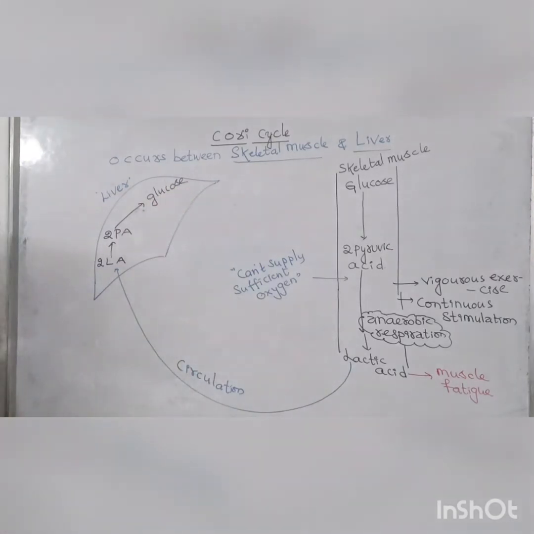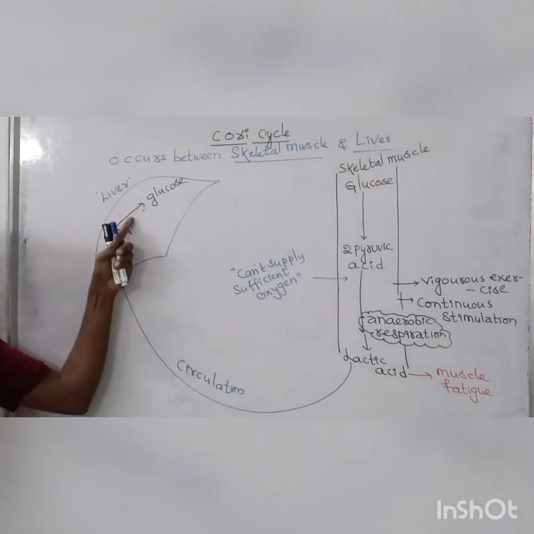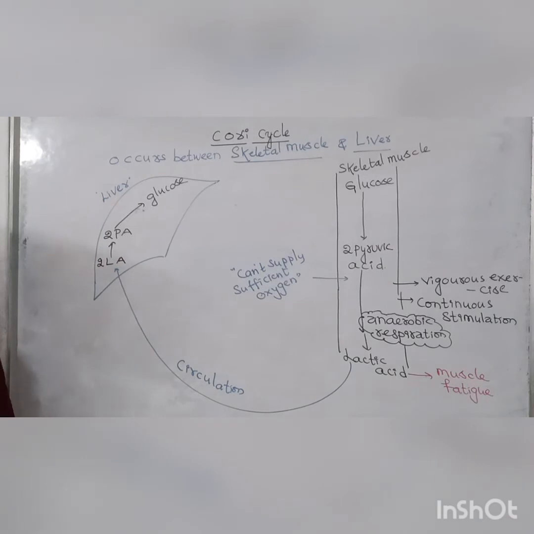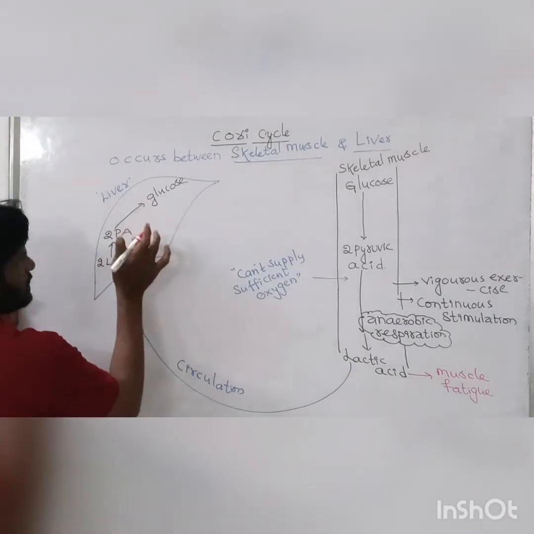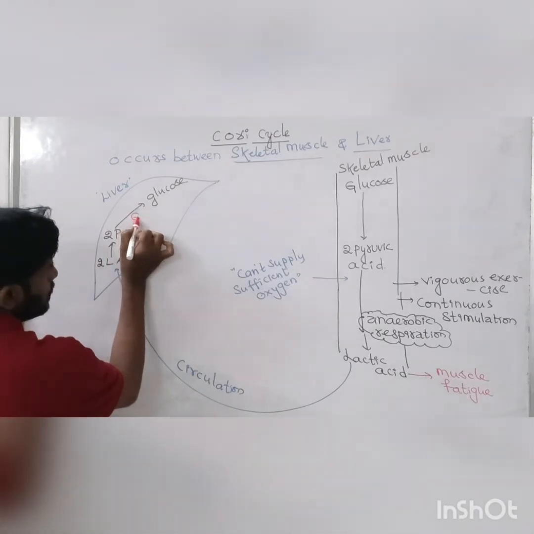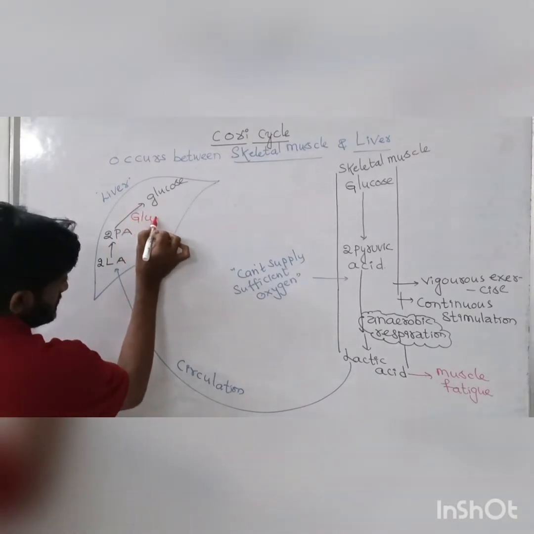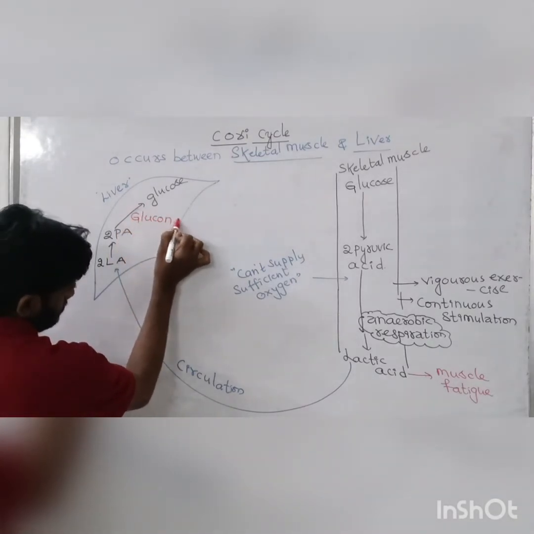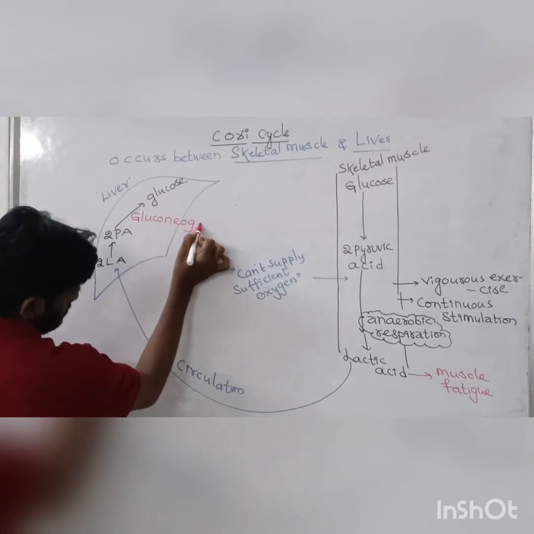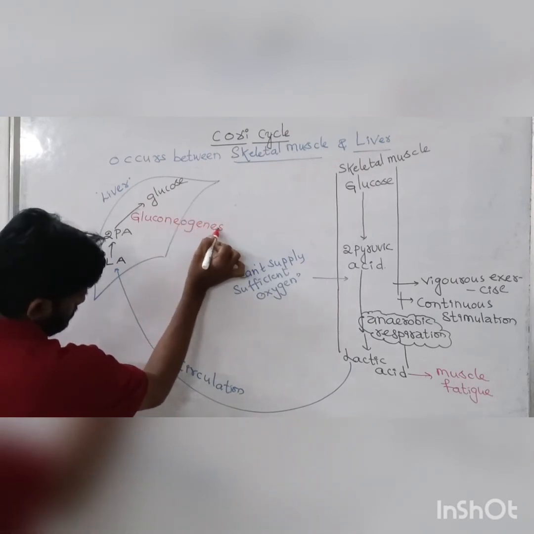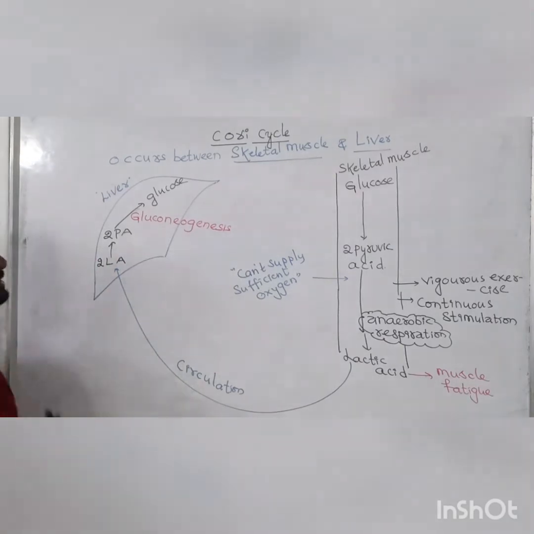So this is the synthesis of glucose in the liver, but not from a carbohydrate. This reaction is called gluconeogenesis.